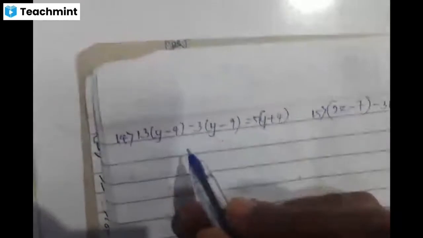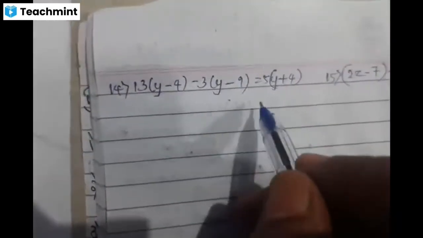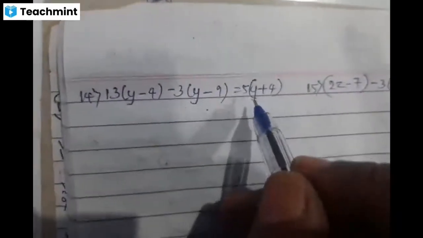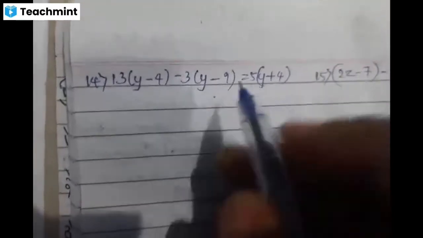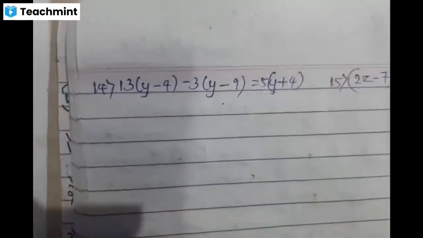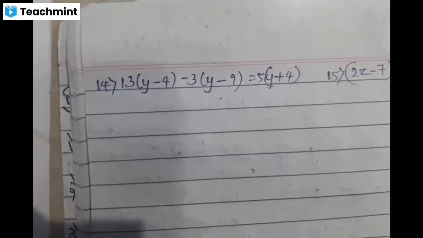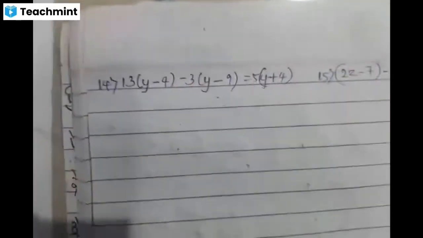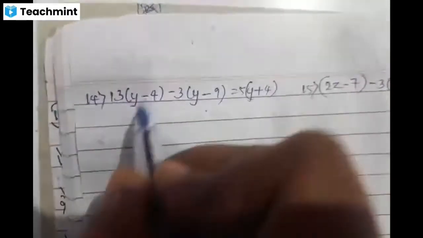Children, next is question number 14. 13 into y minus 4 minus 3 into y minus 9 is equal to 5 into y plus 4. Children, here, as I told you, you have to remove the brackets.